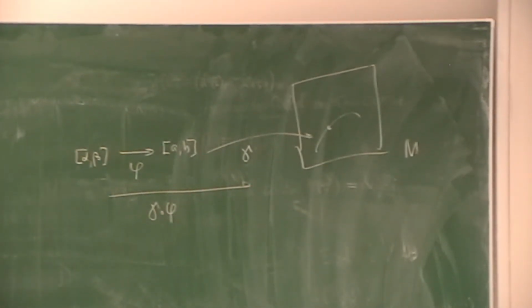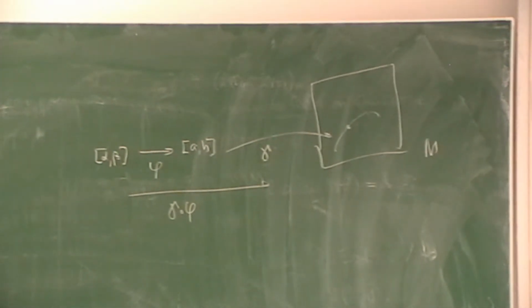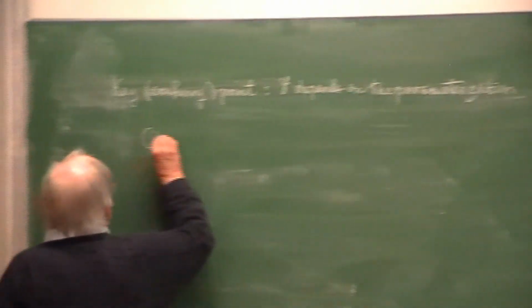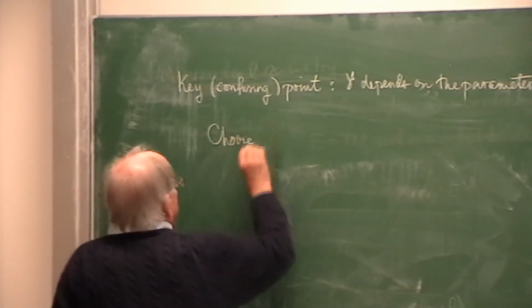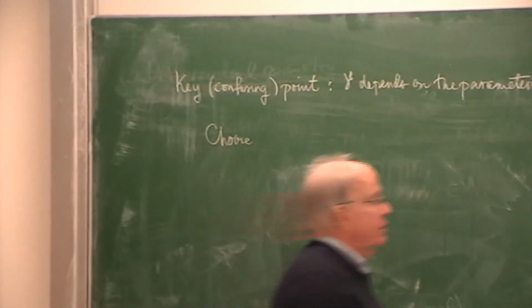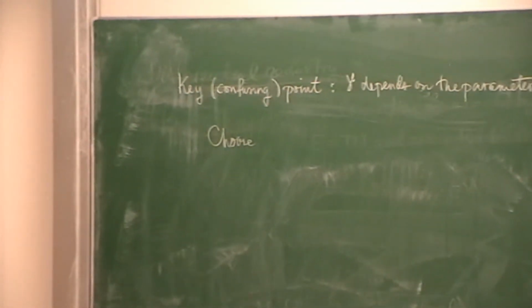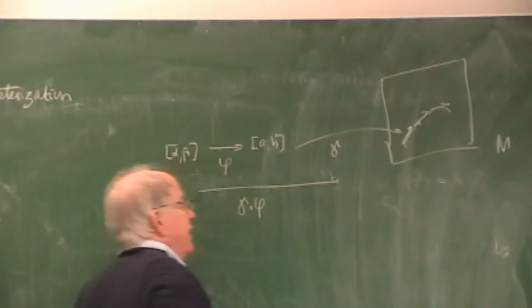And so, as you learn calculus, it's a good idea to choose a particular parameterization. If this curve is smooth, which means in particular we're looking at a local situation now, the velocity vector never vanishes.